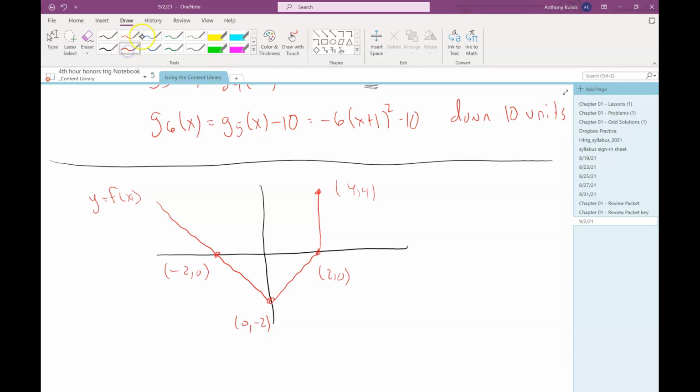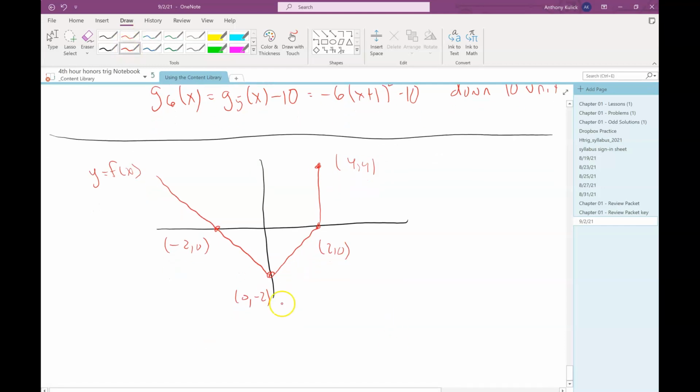And we want to graph the transformation g of x is equal to 2 times f of x plus 3, minus 1.